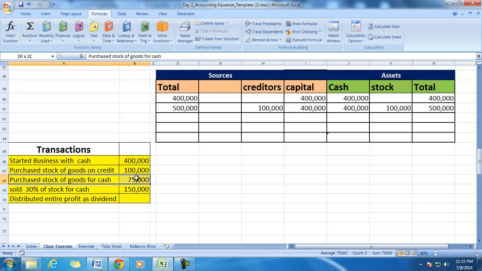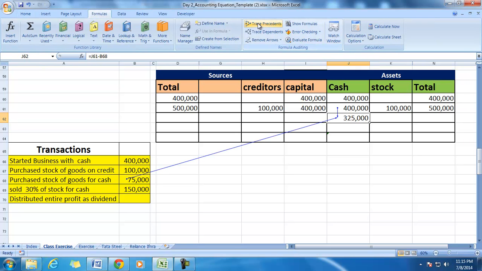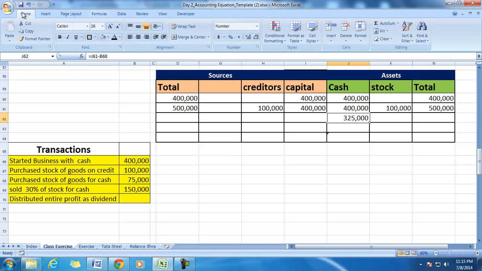Now purchase stock for cash this time. So cash reduces by 75,000, and stock increases by 75,000. The total of the sources is 500,000. No change in the total, but the composition of the assets has changed.